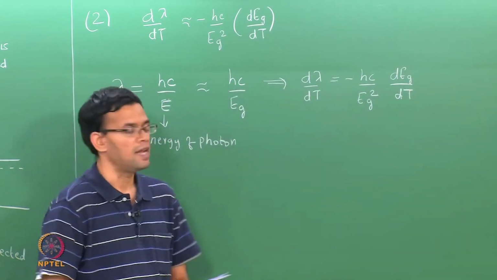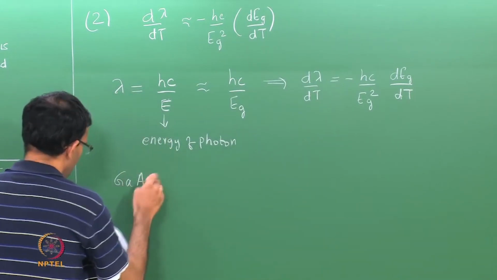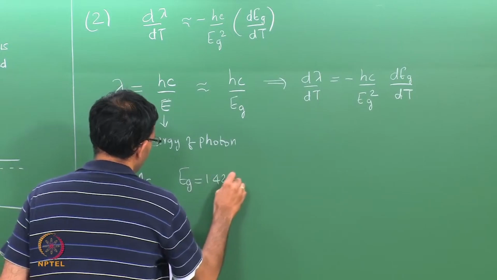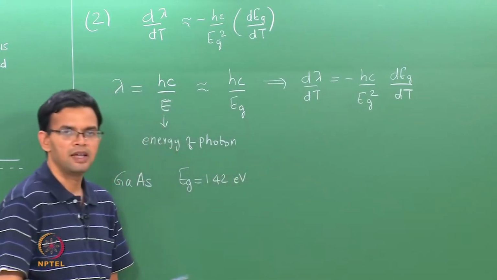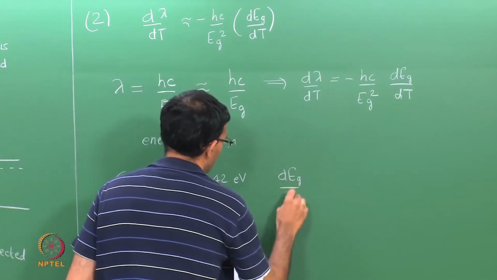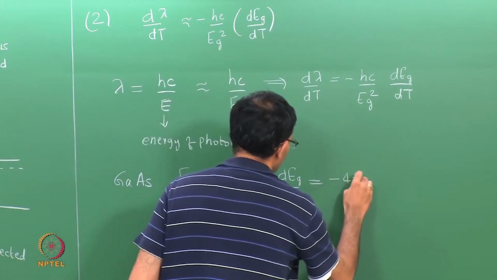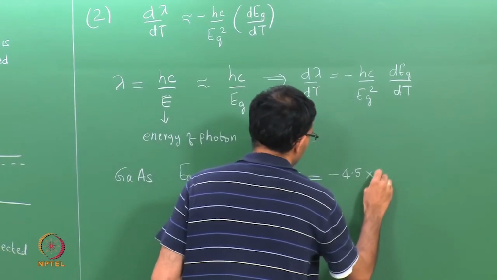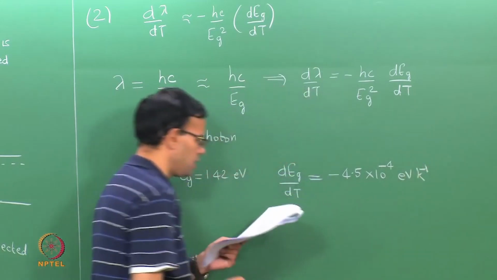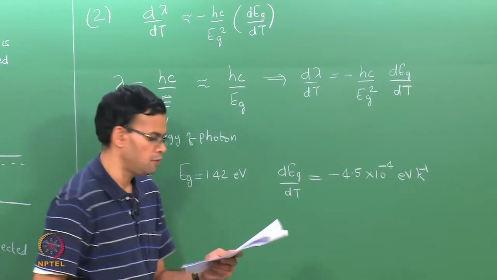So, we are asked to do this calculation for gallium arsenide. Gallium arsenide has an Eg of 1.42 electron volts. This typically lies in the infrared region, and the value of dEg over dT is also given, 4.5 times 10 to the minus 4 electron volts per Kelvin. So, we can calculate the change in wavelength with respect to temperature.